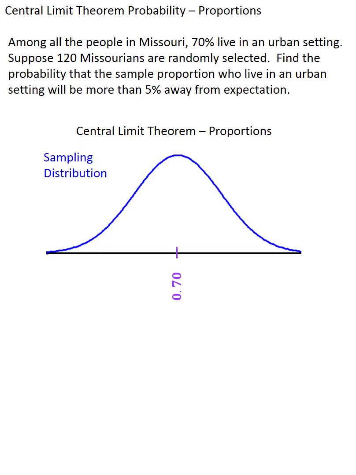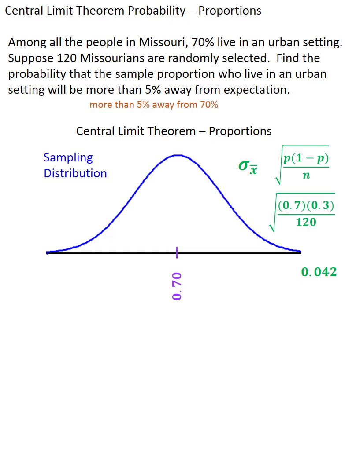And third, the central limit theorem tells us how to compute the standard deviation of the sampling distribution. Again, using the same formula as before, and using p as 70%, we get the standard deviation for this particular sampling distribution.